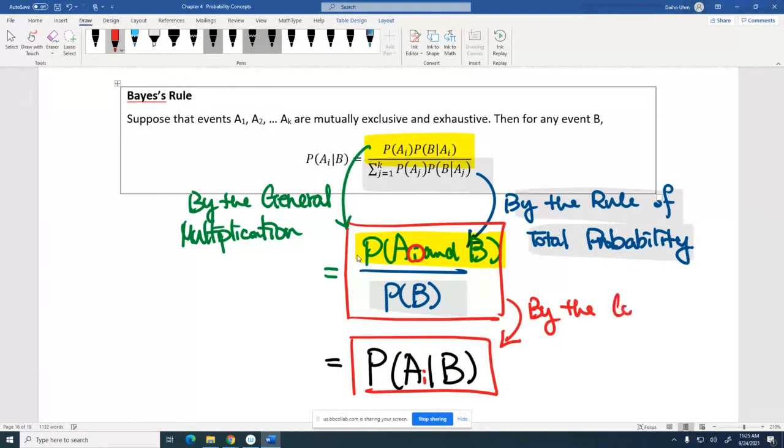By the conditional probability rule. We applied almost every single rule we got before onto the Bayes rule.